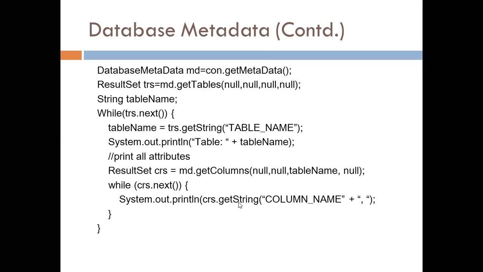To extract the column name, we use getString of COLUMN_NAME and print it. While printing we can do all the formatting and concatenation operations. So using the metadata we can extract the table names, the driver version, driver name, and all the column names.